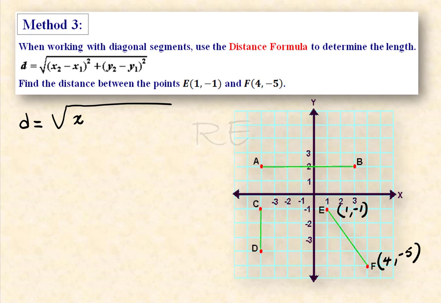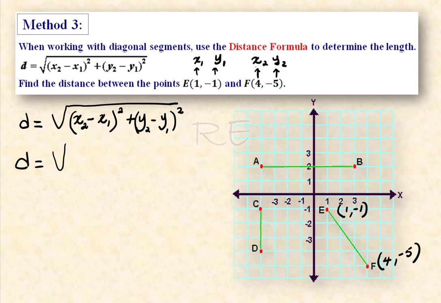And it says that the distance is equal to the square root of (x2 minus x1) squared plus (y2 minus y1) squared. We're going to label the coordinates of E as x1, y1, and the coordinates of F as x2, y2.